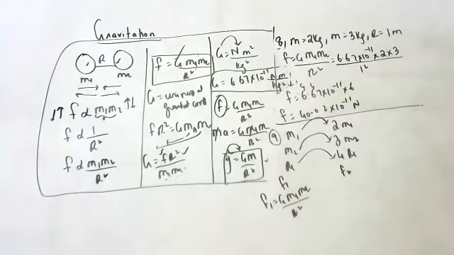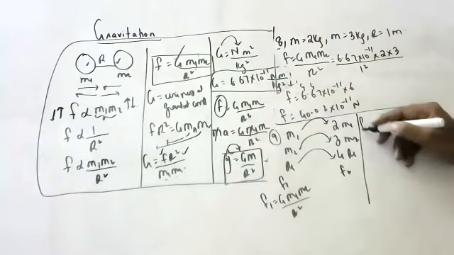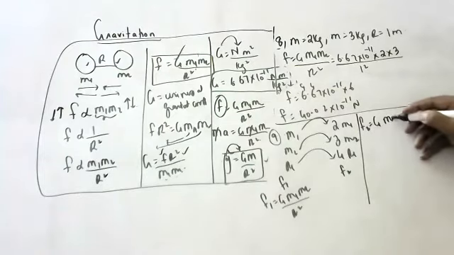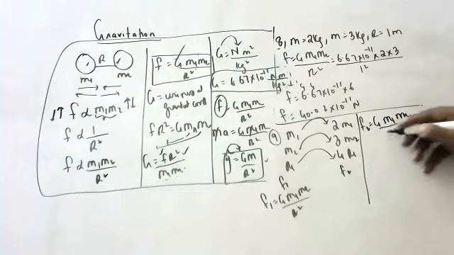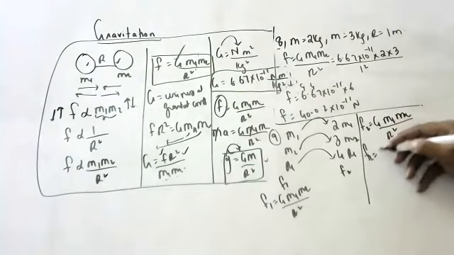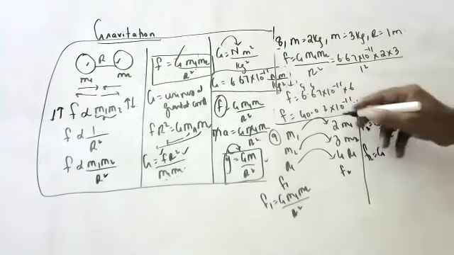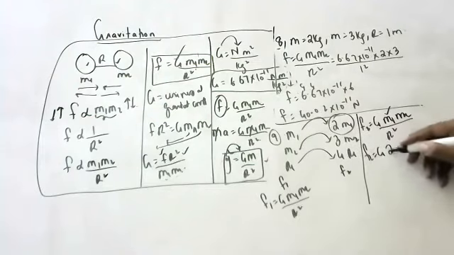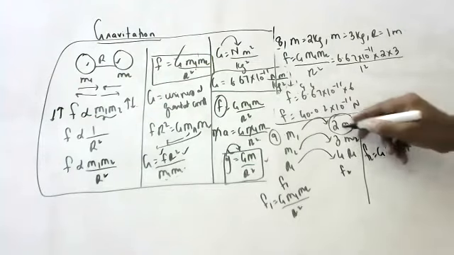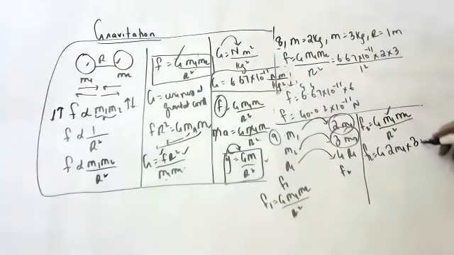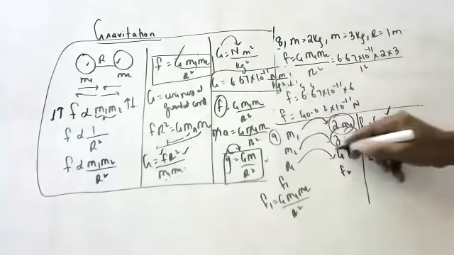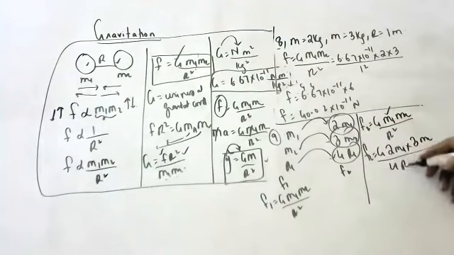Like this questions you will get, children. See here, F2 is equal to G m1 m2 by r square. G will not change. M1 became how many times, children? 2 times. M2 became how many times? 3 times. Distance became how many times? 4 times, but r square.